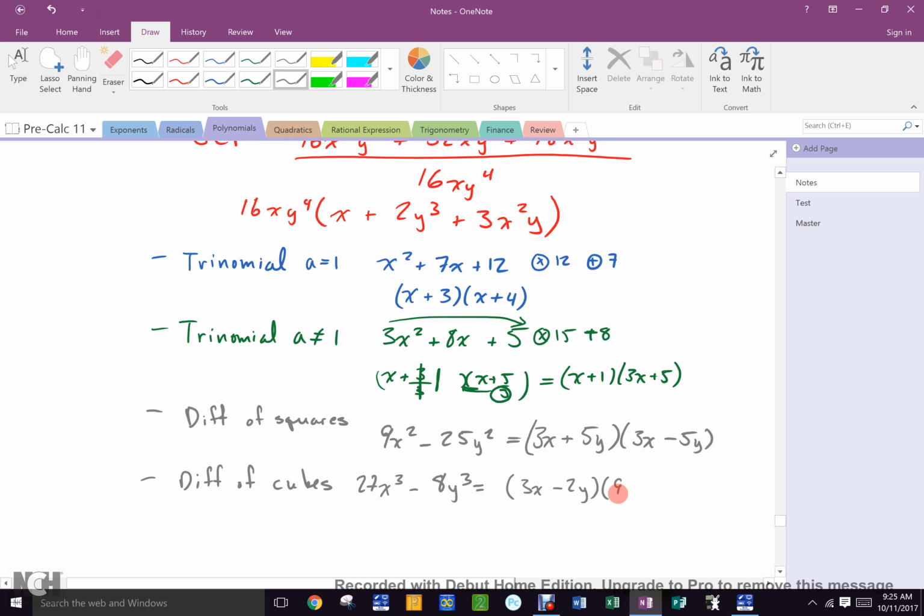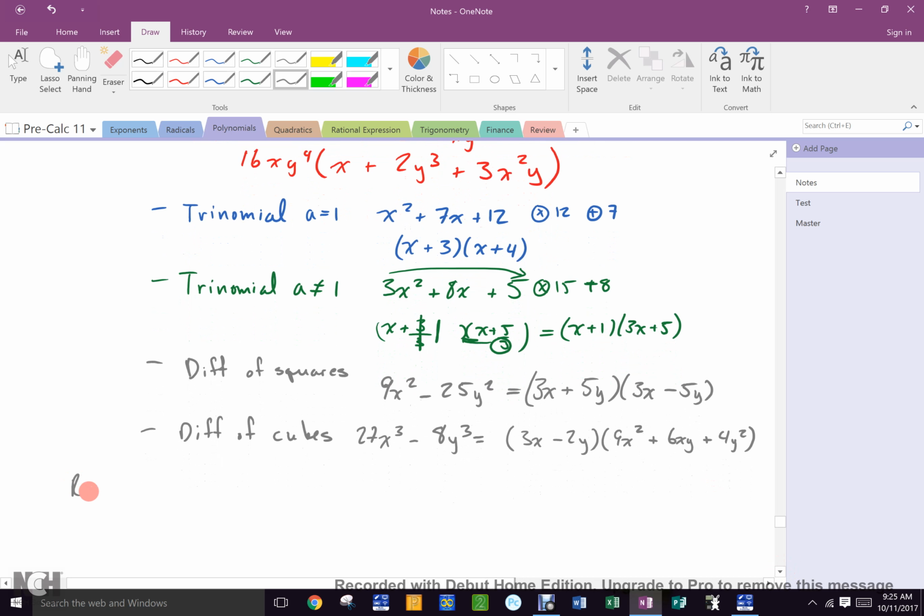Then 9x squared plus 6xy plus 4y squared. You have notes on all that. And then finally, radical equations. All that's on your next test. Remembering, of course, that the only thing that is new is that and that. Everything else you already knew before you got to grade 11. Or you should have.